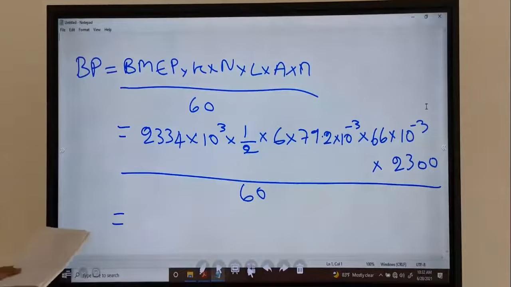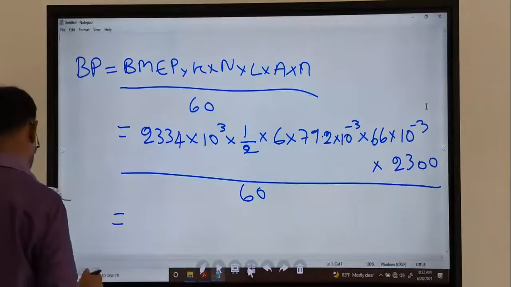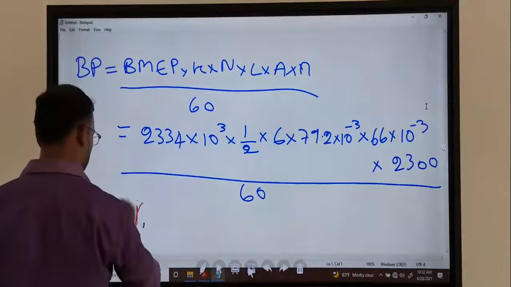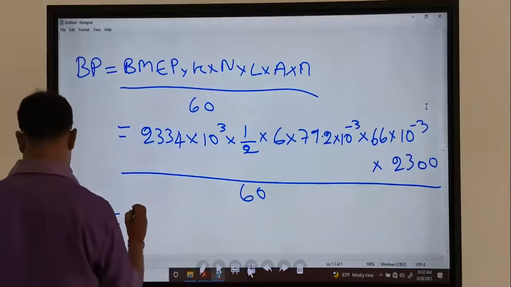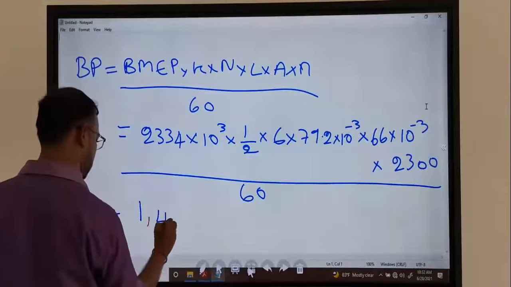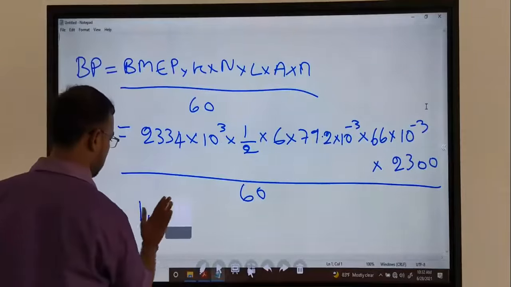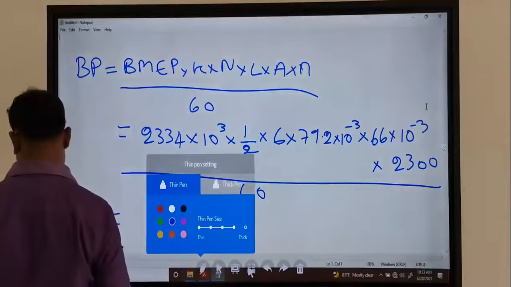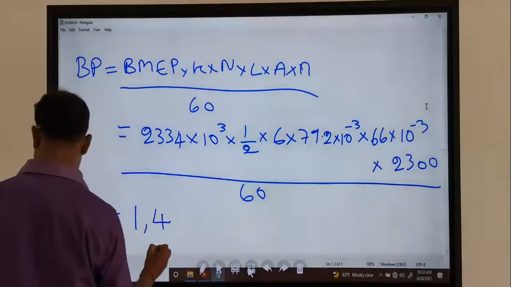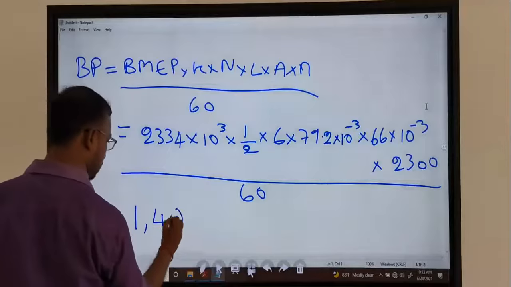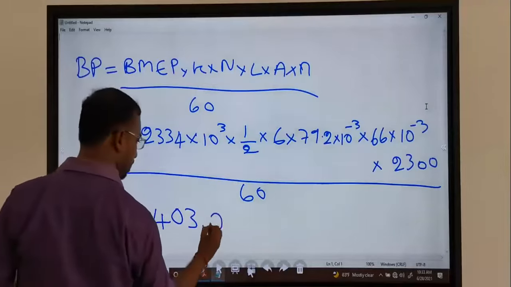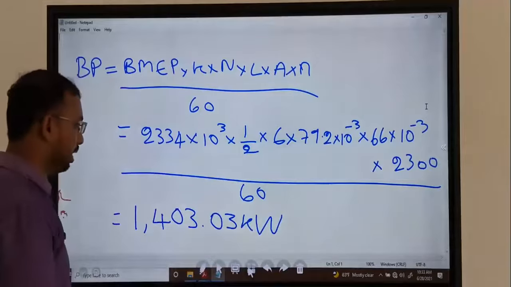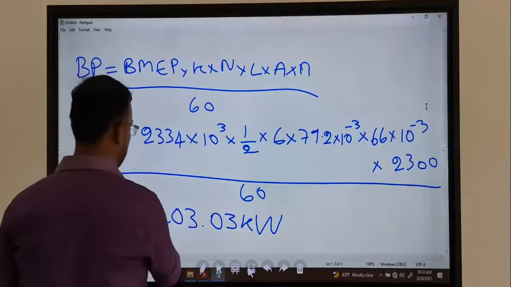So straightly I write it in kilowatt. The answer will come in watt, then I divide by 1000, so straightly I put it in kilowatt.